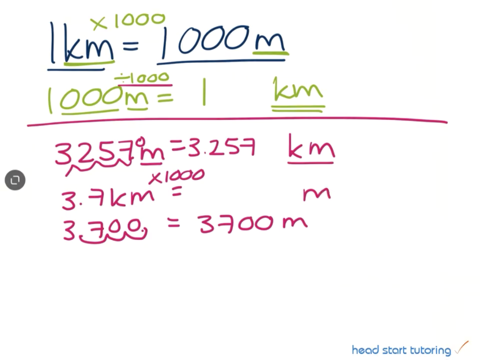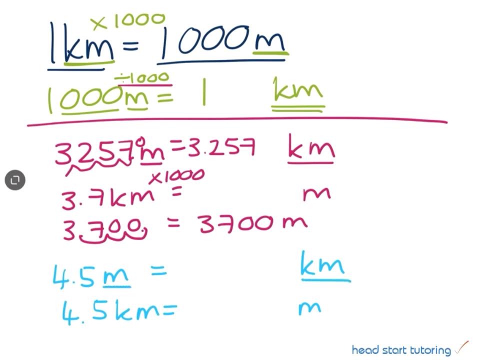Right, let's have a look at 4.5 meters into kilometers and 4.5 kilometers into meters. So let's see the difference. When we are going from meters into kilometers, we know that we need to divide by 1,000 because we are going from our smaller measurement to our bigger measurement. So the number needs to get smaller.